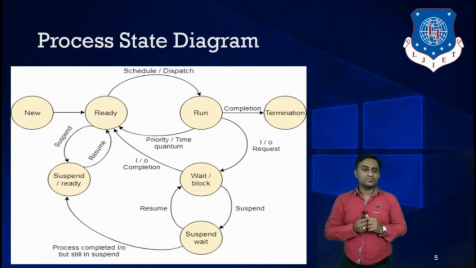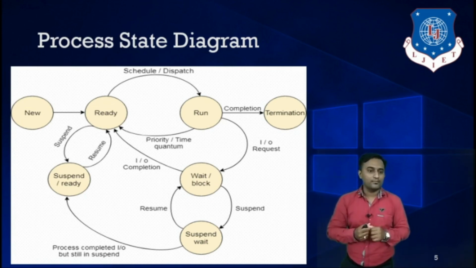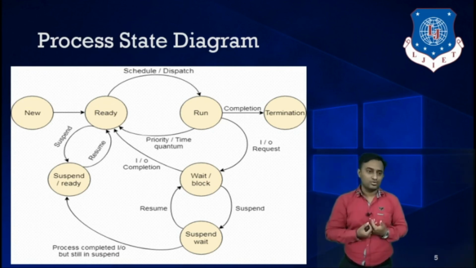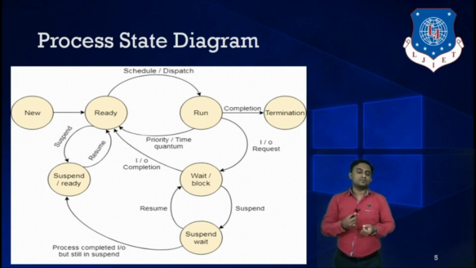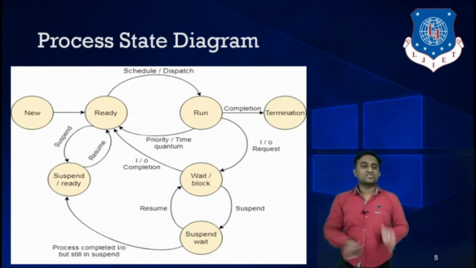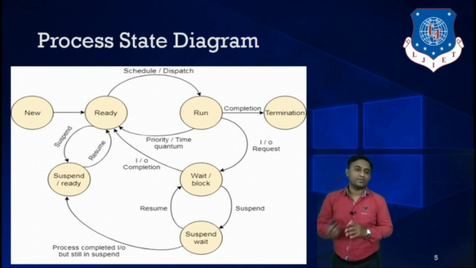So once it is suspended from the waiting, or we say block state, to a suspend wait state, still the process can execute its task. Means IO operation can continue. And once the space is available, in that case again it will switch back to a waiting state from the suspend wait state.